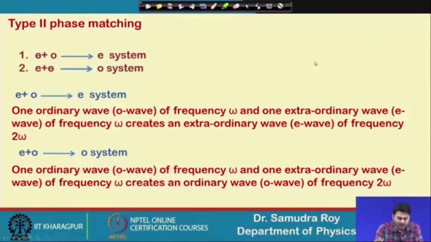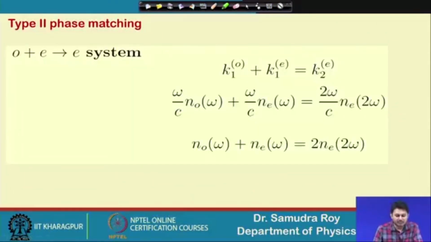Now, after having the knowledge of this type 2 kind of phase matching, we need to find out the refractive index representation for this type 2 phase matching system. So, one ordinary and one extraordinary lead to one extraordinary.